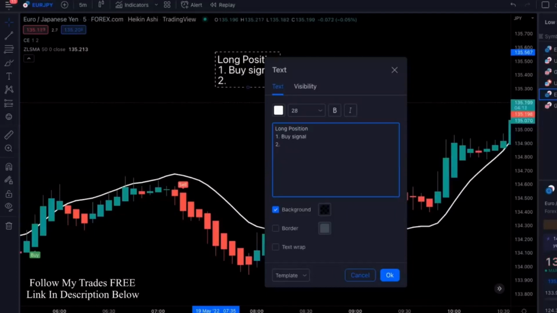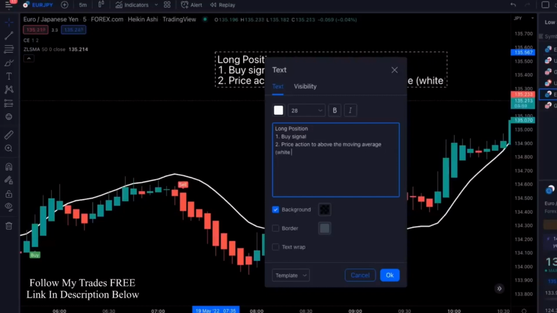Once you get the buy signal, you want the price action to be above the moving average, which in this case is the white line. And then you're going to set your stop loss below, man, I can't type, below the swing low. Let me show you what I mean.